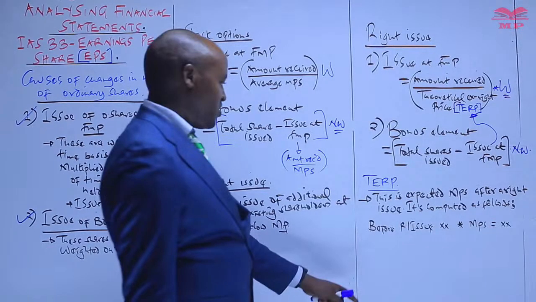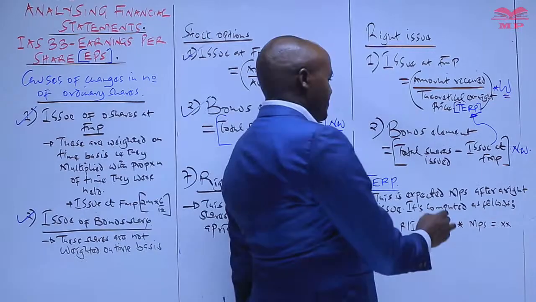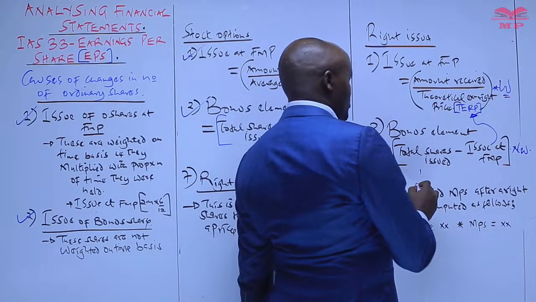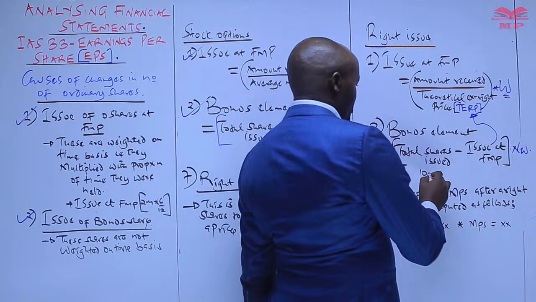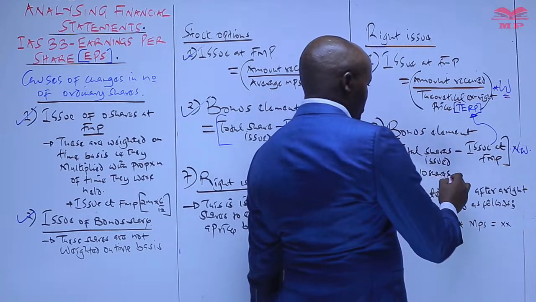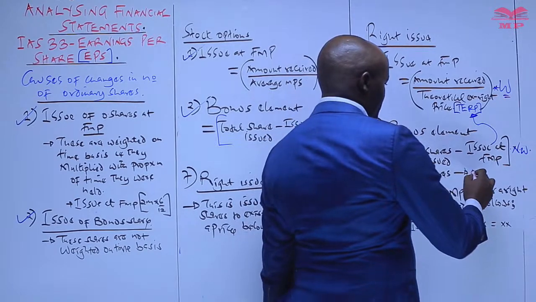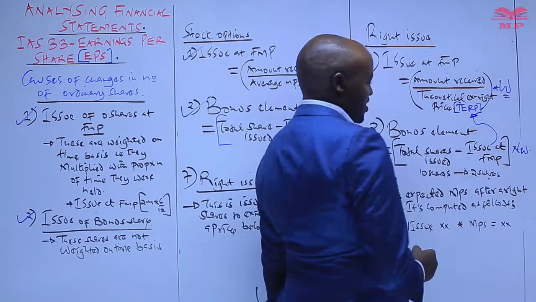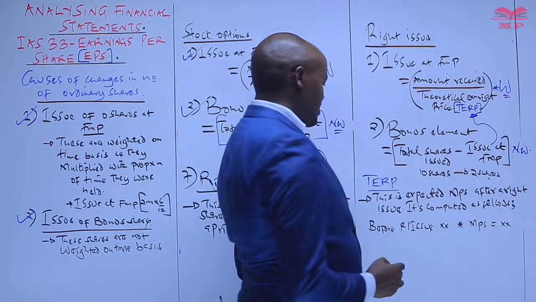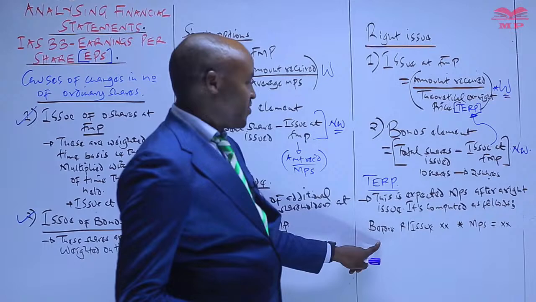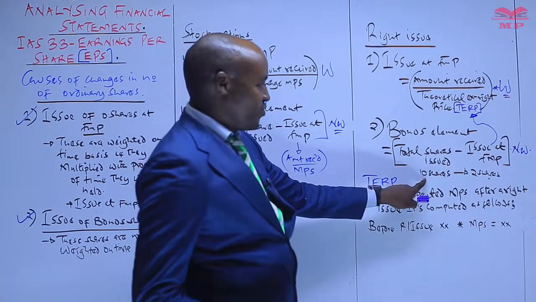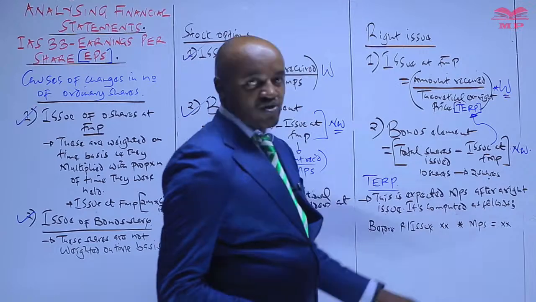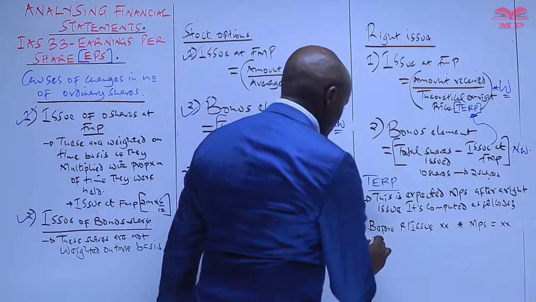Because in most cases you'll be told that if, for example, a shareholder held 10 shares before the rights issue, then during the rights issue such a shareholder will be issued with 2 shares. So when we talk about the shares held before the rights issue, we are talking of the 10 shares, which were trading at a certain price. Multiply those.